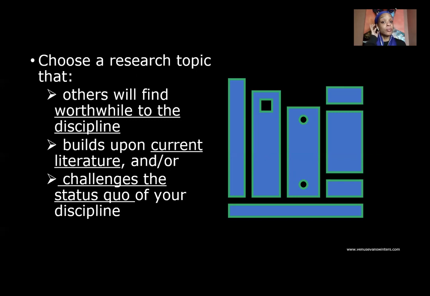Next, try to choose a research topic that others in your discipline find worthwhile. And that's similar to before. Okay, so people in your discipline should be having conversations around it.